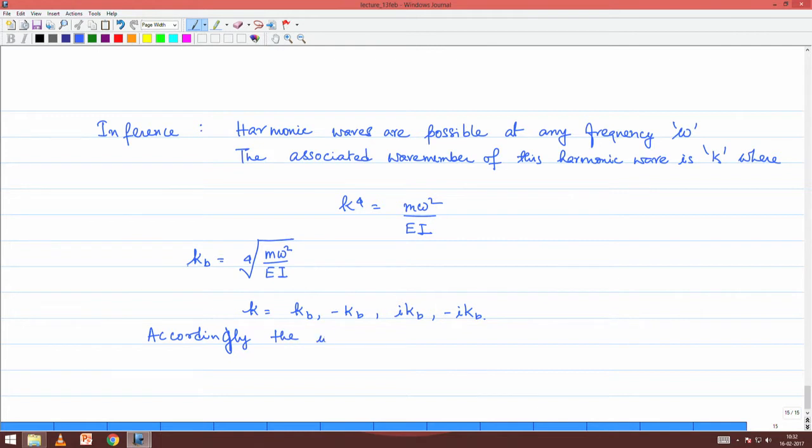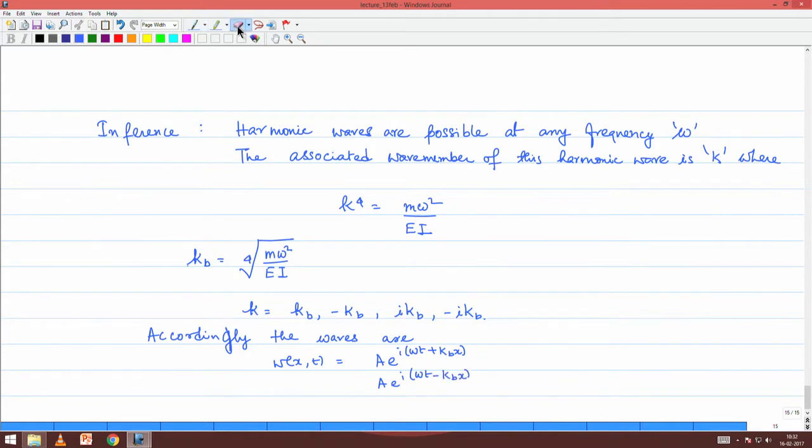The waves are w(x, t), either A e to the power i(omega t plus kb x), or you could have A e to the power i(omega t minus kb x).